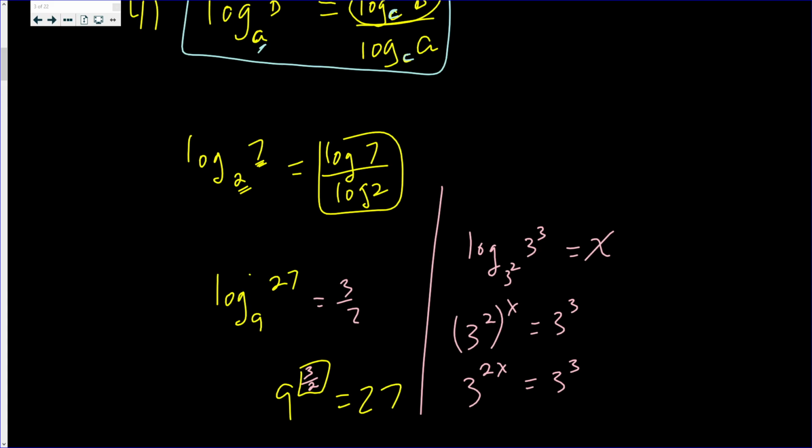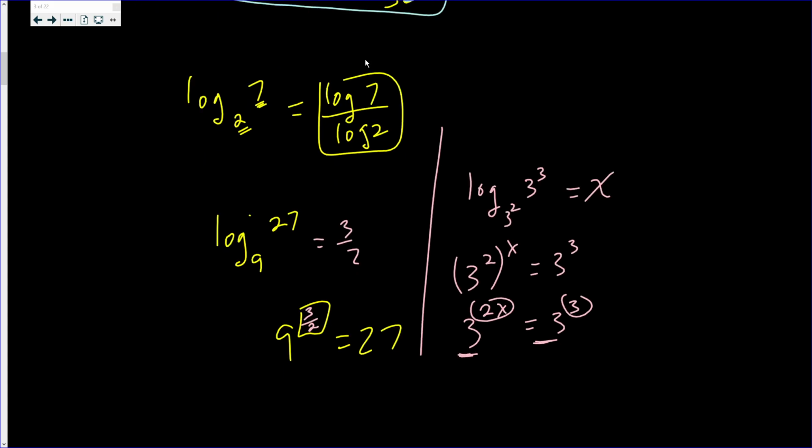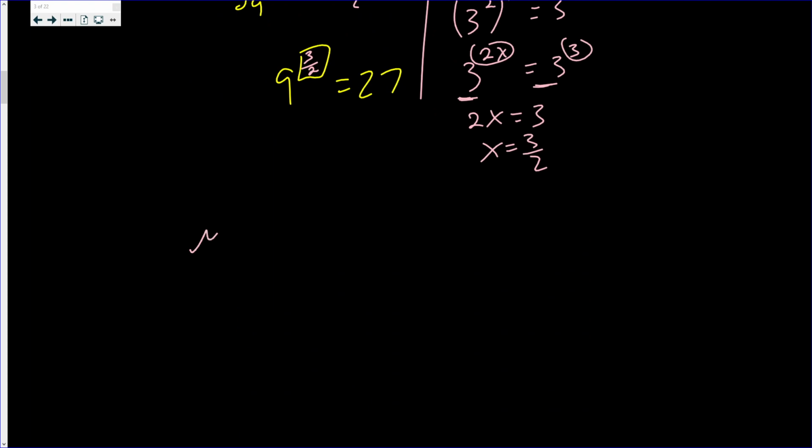You can't raise the same base to different powers and get equality. Since the bases are the same, the powers have to be equal. 2x is 3, so x is 3 over 2. Okay.